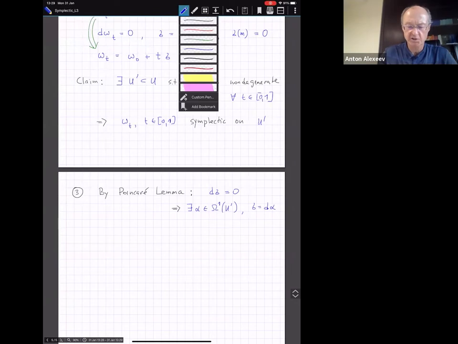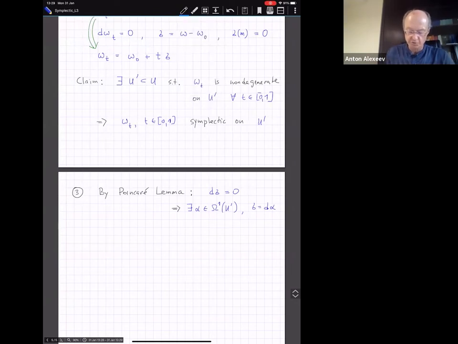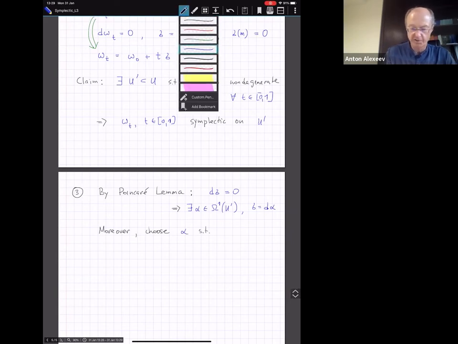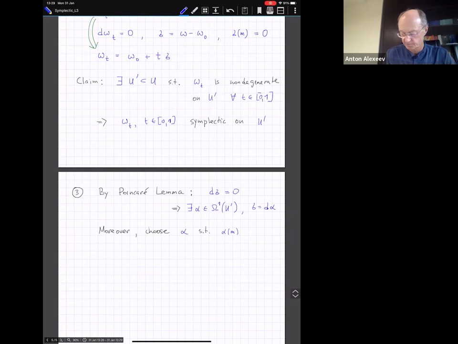But I think actually it's easy to see more is true. We can choose alpha such that alpha of m is 0. Do you see how this works?